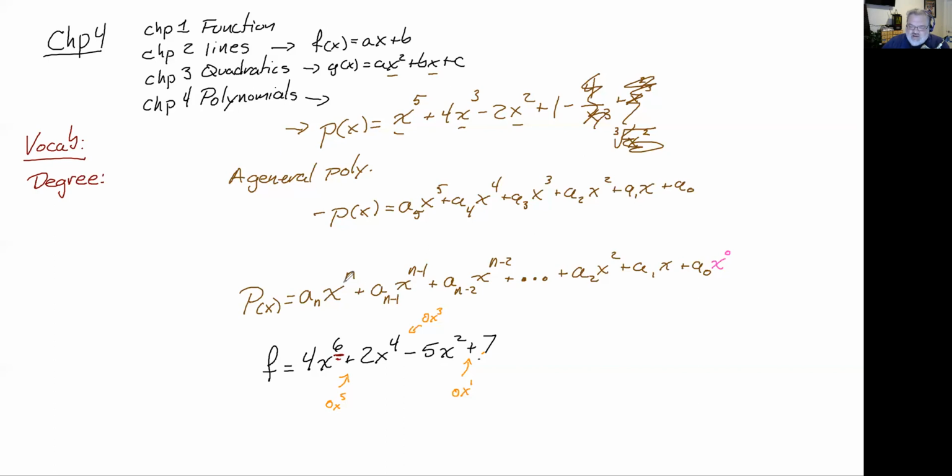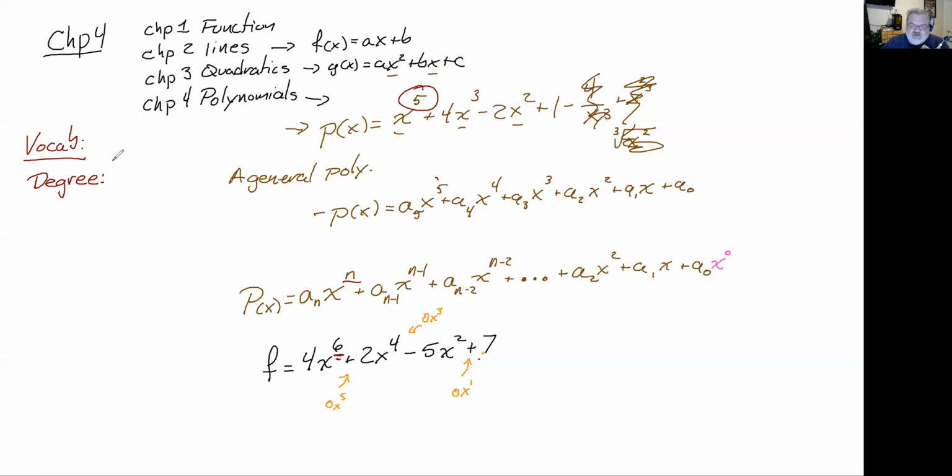So this n is our degree. So here the 5 is the highest of any powers. All of these so far are written in standard form. So the highest power is the first one way on the left. So this would be a 5th degree polynomial. This has a highest power of 5. It's also a 5th degree polynomial. Highest power of 6, this would be a 6th degree polynomial.